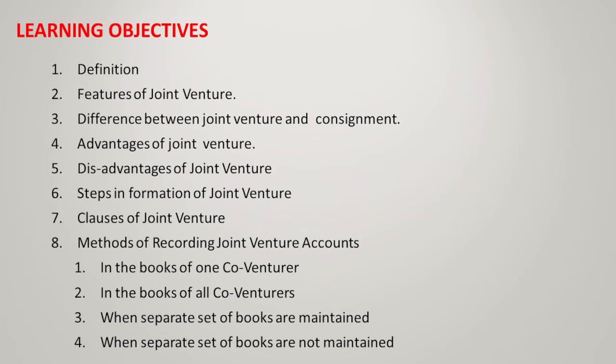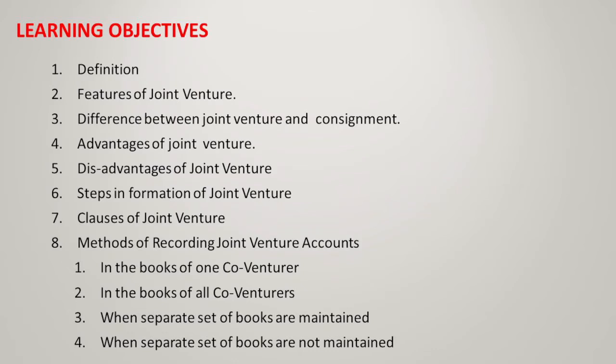Once the venture is over, we find the profit through the joint venture account, which will be distributed to co-venturers, and the co-venturer accounts will be settled. Sometimes all the co-venturers want to record the joint venture transactions, then we record the journal entries in the books of all co-venturers.